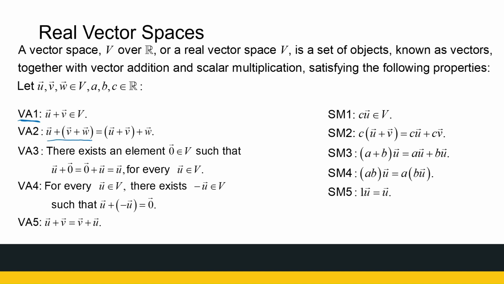But (u + v) + w is the same as u + (v + w). That is inherited from R2 because all three of those are in R2. The commutativity is inherited from R2. All of these axioms are just inherited from R2. So there's a couple to look at.